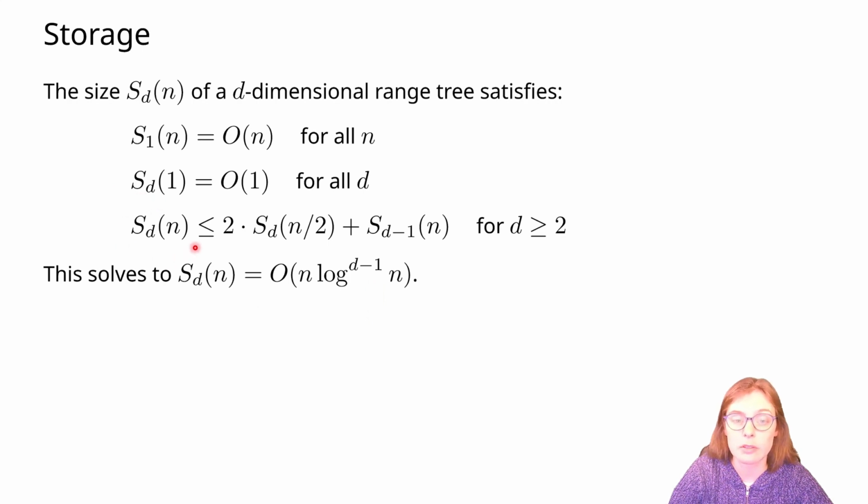And the d-dimensional range tree on n points will require at most two d-dimensional range trees on the point sets split into half, so on n over 2 points, plus the size of the one associated structure, which is a d minus 1 dimensional range tree. This recursion solves to big O of n log to the power d minus 1 of n. So a d-dimensional range tree requires big O of n log to the d minus 1 n storage.